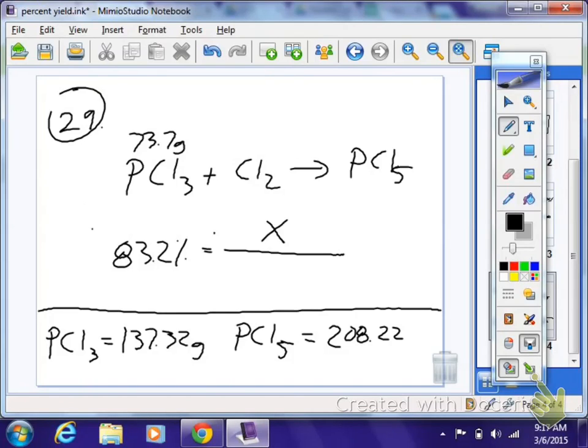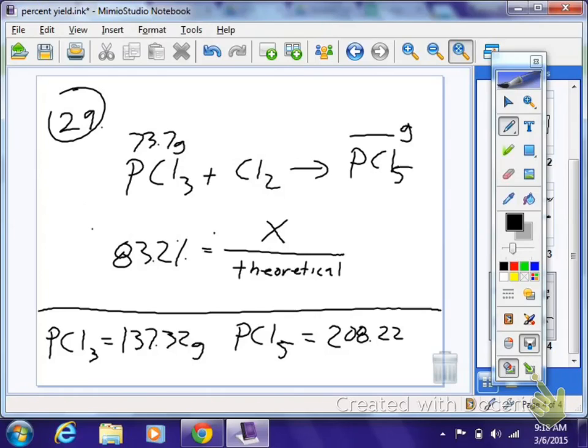So what we have to do is solve for the theoretical by doing our math within our equation. So we have to come over here to solve for how many grams we could produce if it were 100% yield. So why don't you do that?